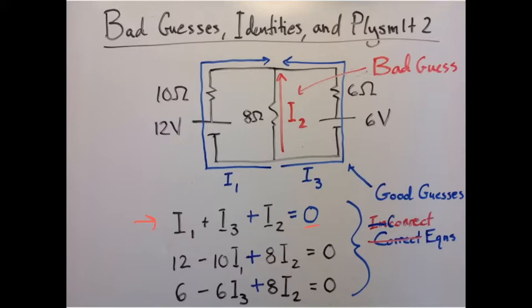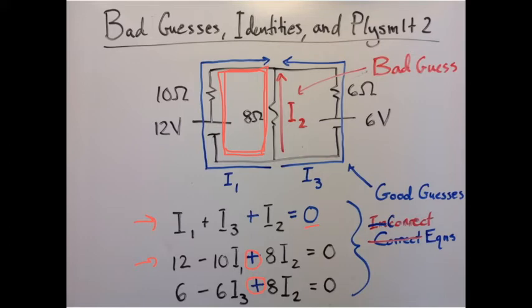And then notice these signs both switched, because if I follow a loop like this, for example, in this equation, I would gain 12 volts from going with the battery polarity, have minus 10 I1 for following the current through the resistor, and then plus 8 I2 for going against the current through the 8 ohm resistor.